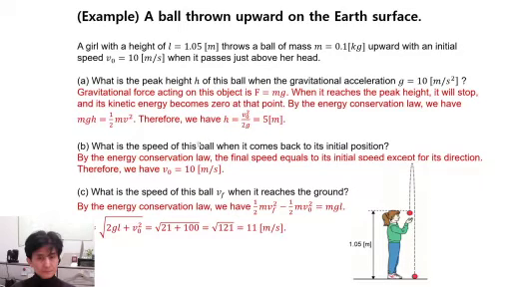The force by the gravitation is F equal to mg. When it reaches the peak height, it will stop and then it will start falling down from its peak position.